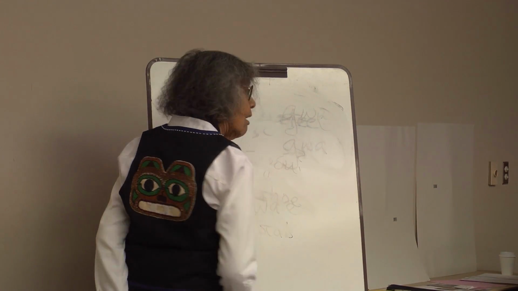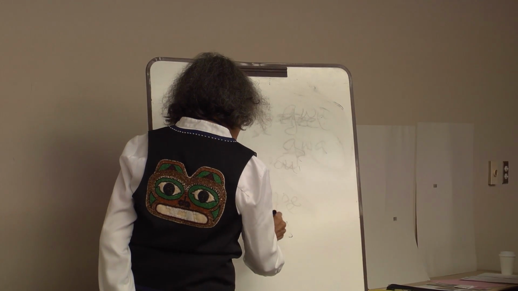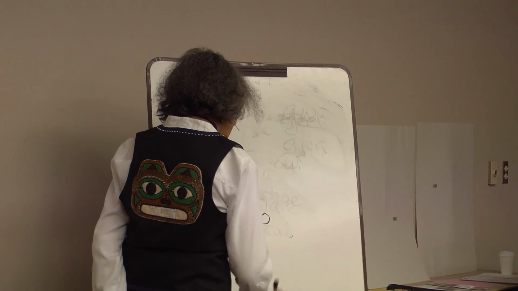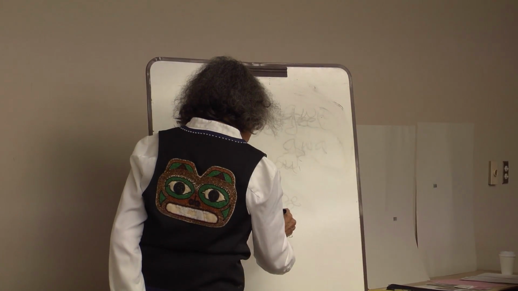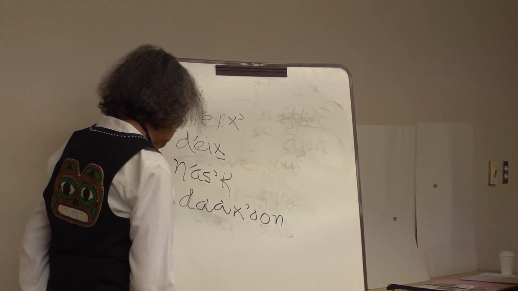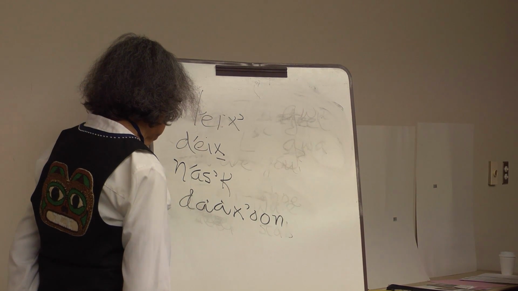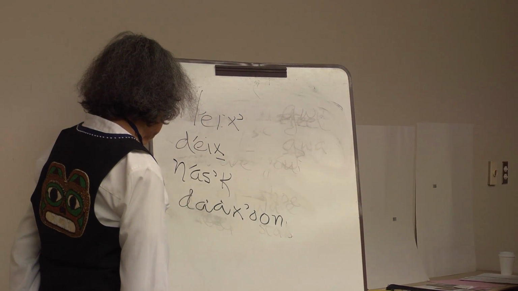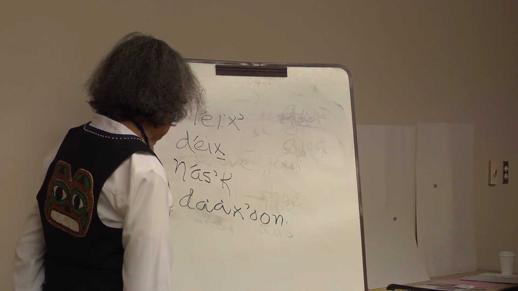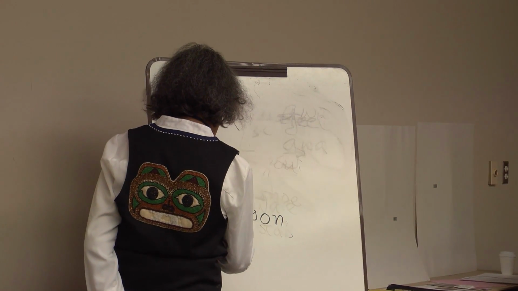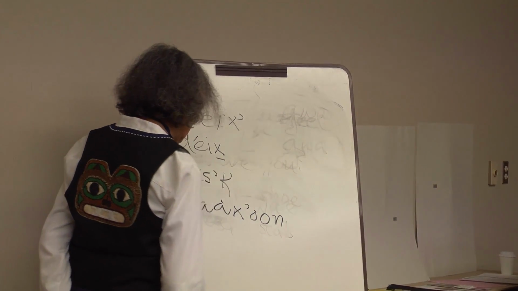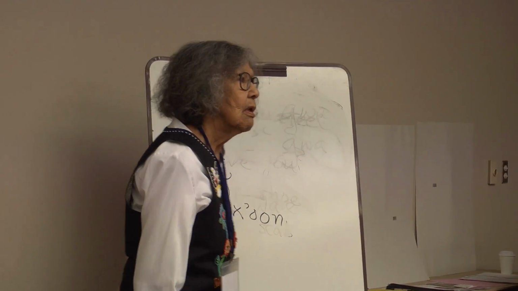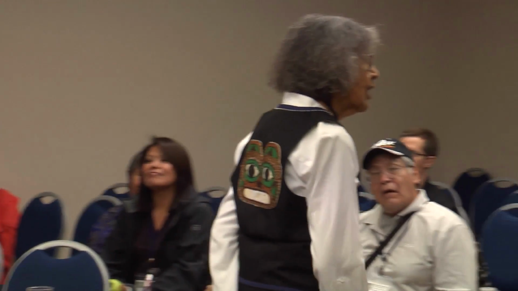H-O-O-N. No H. Dakun. X-H. Have to be X-H. Is that right? Clyde. Tag. Dakun. What's missing? Nothing.